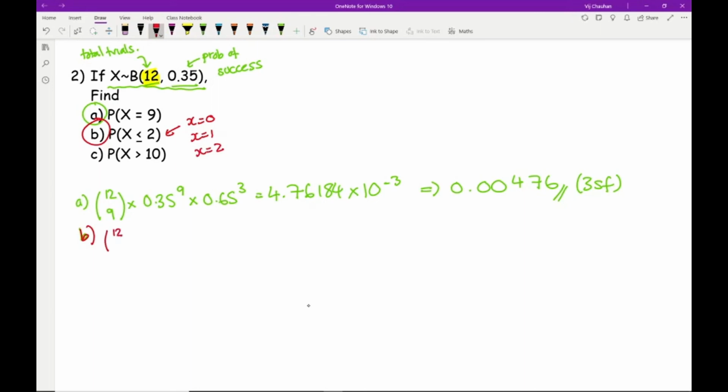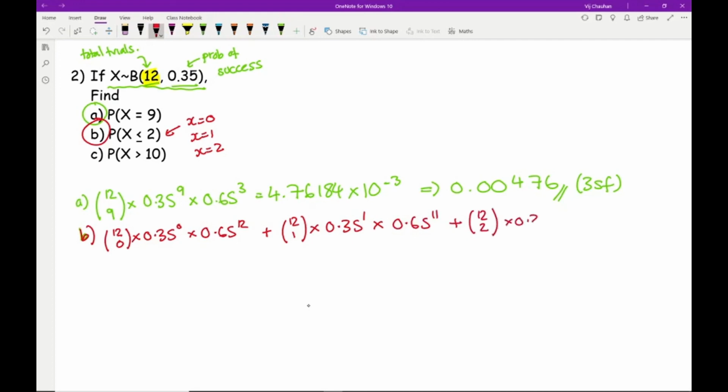Here I've got 12 choose 0 times 0.35 to the power of 0 times 0.65 to the power of 12, and I'm going to add that to 1 success: 12 choose 1 times 0.35 to the power of 1 times 0.65 to the power of 11, plus 2 successes: 12 choose 2 times 0.35 squared times 0.65 to the power of 10.